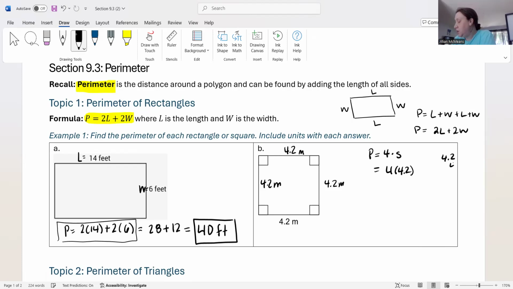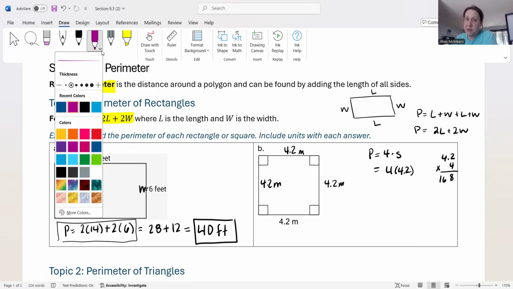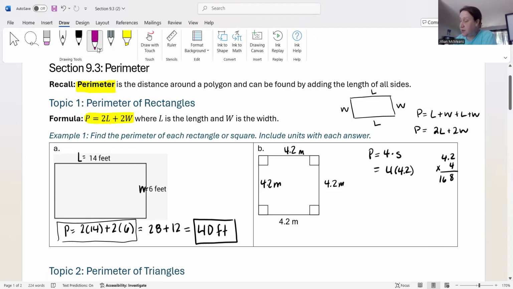So 4.2 times 4. We multiply 4 and 2, which is 8. We multiply 4 and 4, which is 16. And then we look at the number of decimal places in our factors. We have 1 decimal place, so that means my final answer needs 1 decimal place. So I would say the perimeter here is 16.8, whatever the units are.